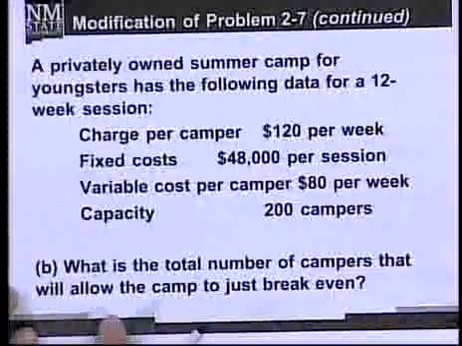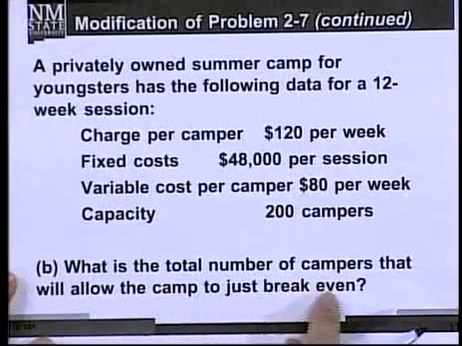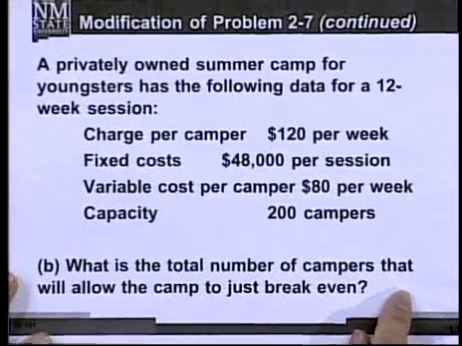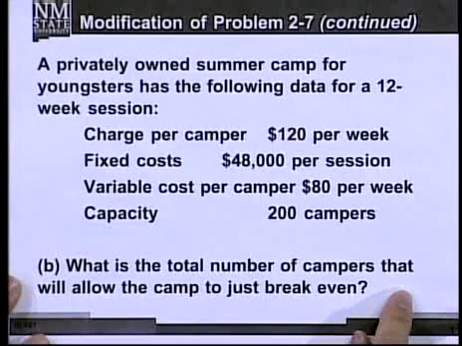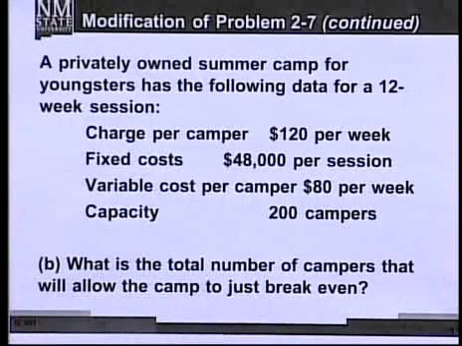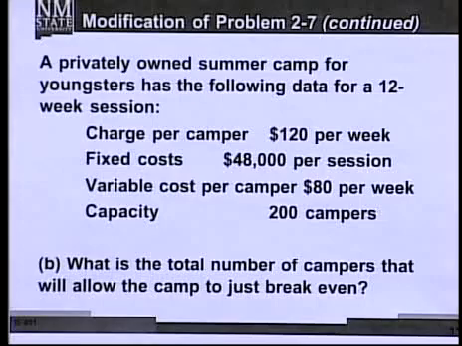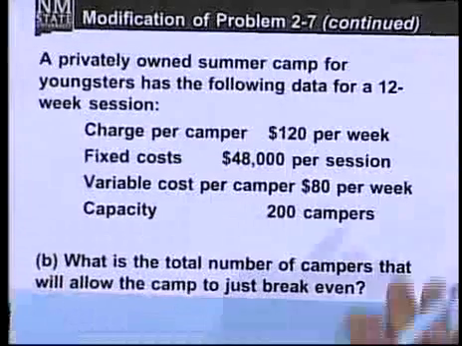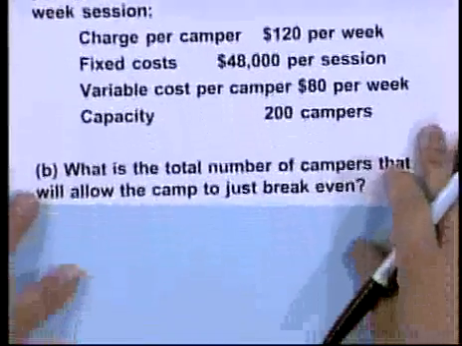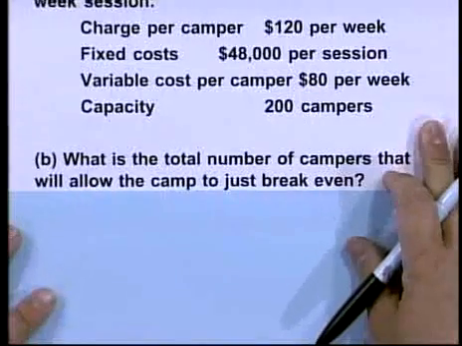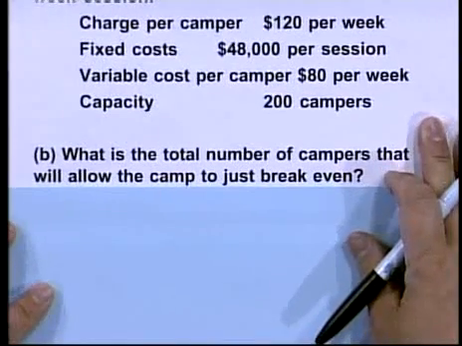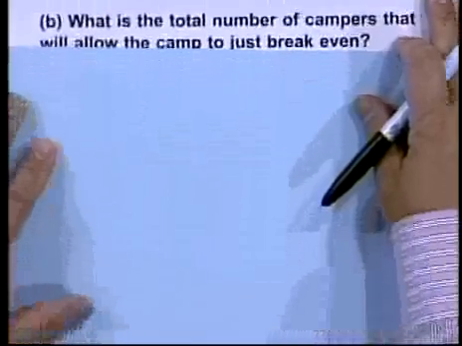And what about question B? What is the total number of campers that will allow the camp to just break even? So we know that break even occurs when the total cost equals the total revenue, right?